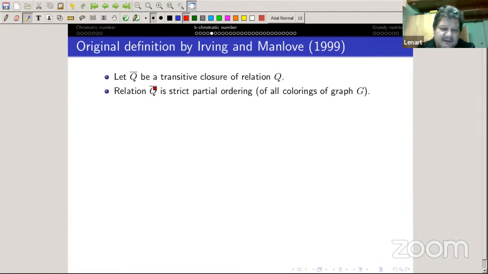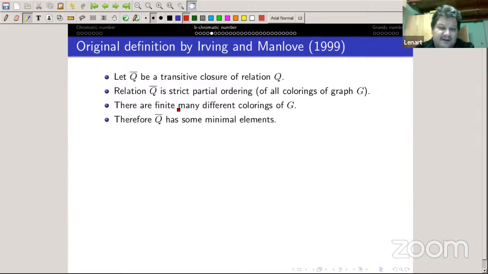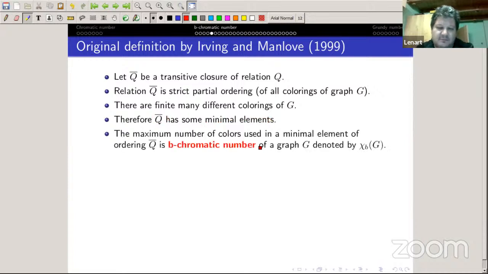And the transitive closure is then a strict partial ordering of all proper colorings of graph G, which means we have finitely many different colorings of G, because we are talking about finite graphs. And if we have finitely many, this means that Q bar has some minimal elements. Okay, and the maximum number of colors used in a minimal element of this ordering Q bar, so of this transitive closure of Q, is then called the b-chromatic number.